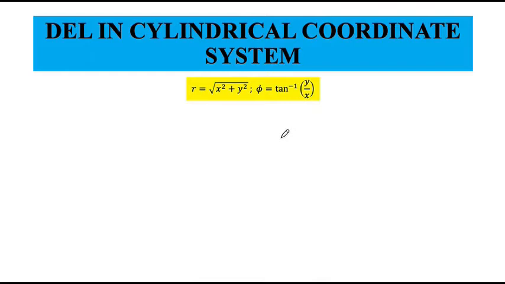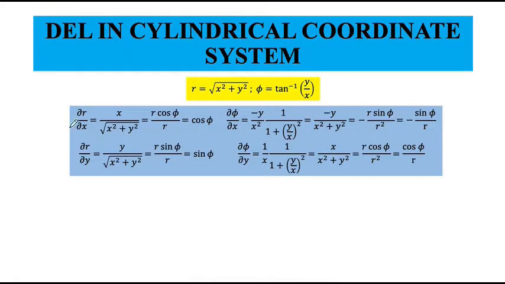We will just take two dimensions and then convert to three dimensions as well. When we partially differentiate r with respect to x, we get cos phi. Similarly, we will find the partial differentiation of phi with respect to x, of r with respect to y, and of phi with respect to y.